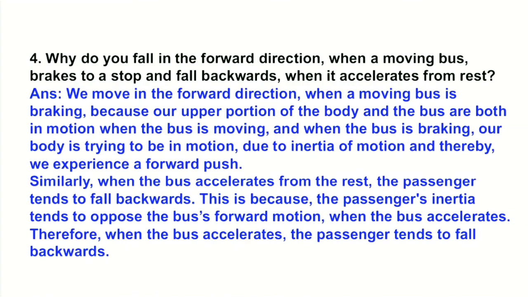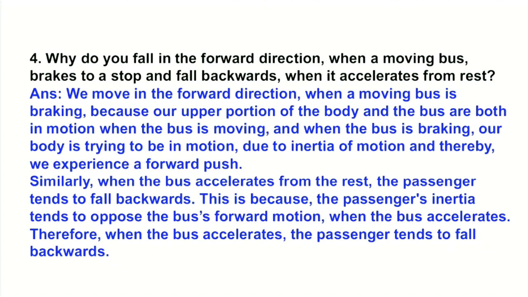Question 4. Why do you fall in the forward direction when a moving bus brakes to a stop, and fall backwards when it accelerates from rest? Solution. When a brake is applied to a moving bus, the upper portion of our body, which was already in motion with the bus, tends to keep moving due to inertia of motion.